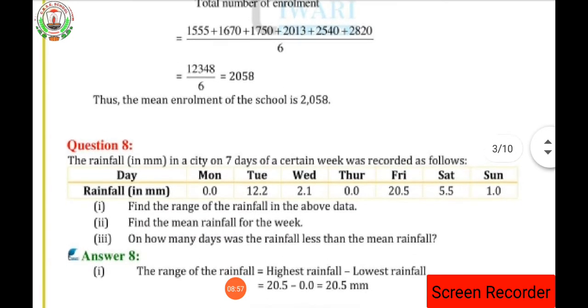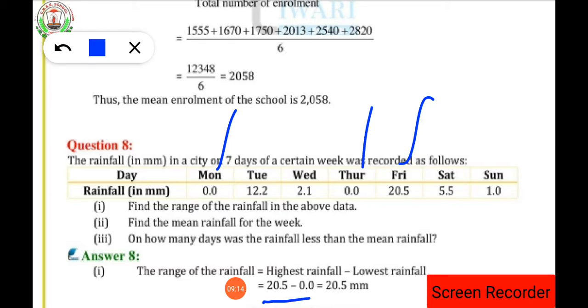Highest means the most. That falls on Friday, 20.5 millimeter is the highest rainfall, from which we subtract. And the lowest, that means no rainfall on Monday and Thursday. So 20.5 minus 0.0 remains 20.5 millimeter.